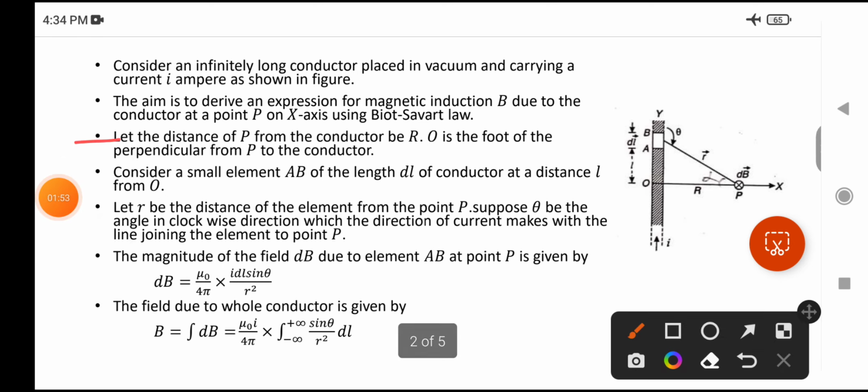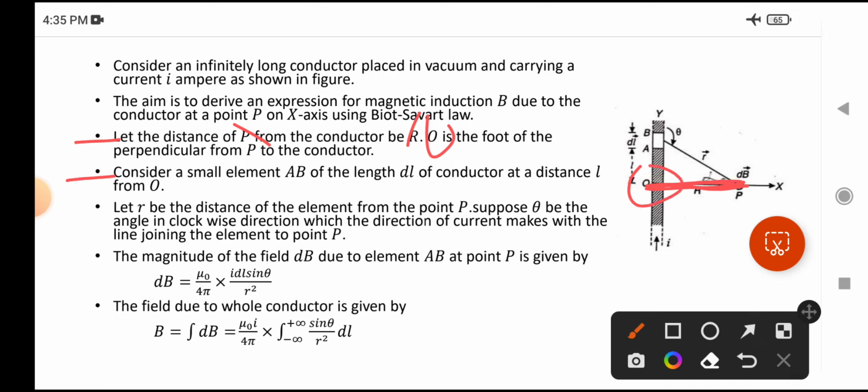Next, let the distance of P from the conductor be R, capital R. It is a perpendicular distance, and O is the foot of the perpendicular from P to the conductor.